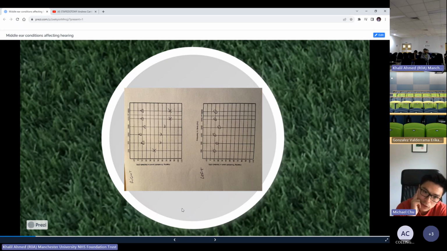Because there's a conductive loss that's shown in the right side, and they've got normal bone conduction. So it's conductive loss. Okay, and Wythenshawe, do you want to say why they do need an MRI? Conduction on the right. Yeah. Okay.